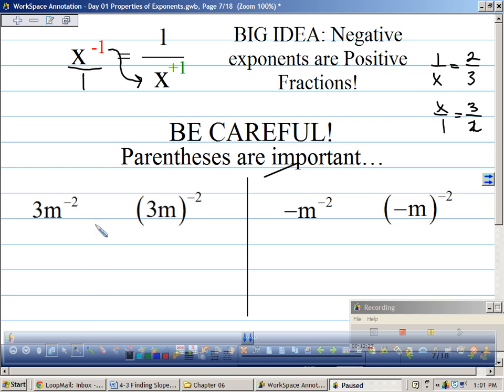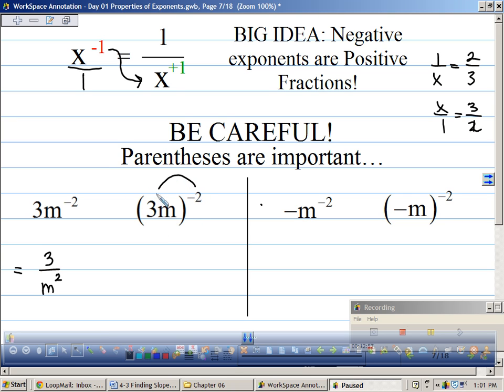Okay, so that being said, I need you to be very careful with parentheses. 3m to the -2. The -2 is being applied to m, not the 3. Correct? So this is actually equivalent to 3 over m squared, which is different than this one. What makes it different?